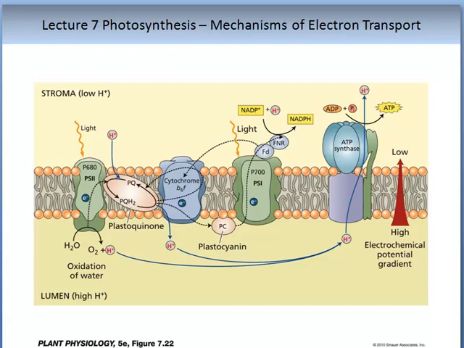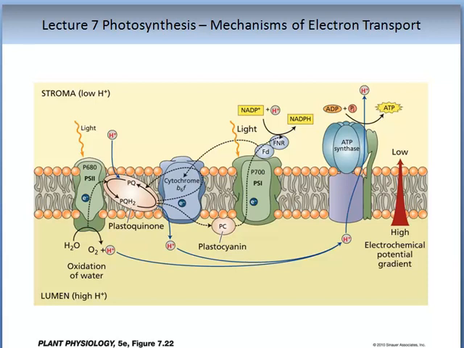In the lumen, a build-up of hydrogen ions from the splitting of water during oxidation in photosystem 2 occurs, and this is then pumped through the ATPase protein, which is the specialized protein embedded in the membrane that can convert ADP to ATP.